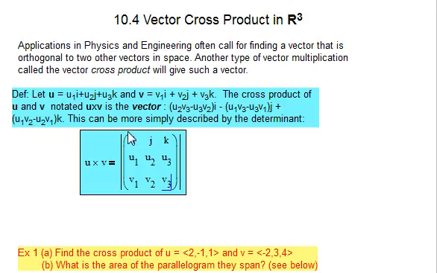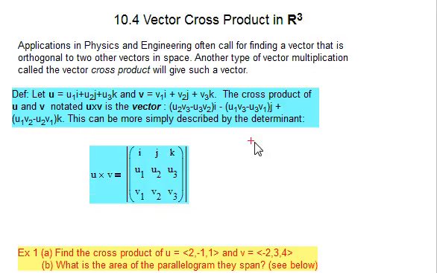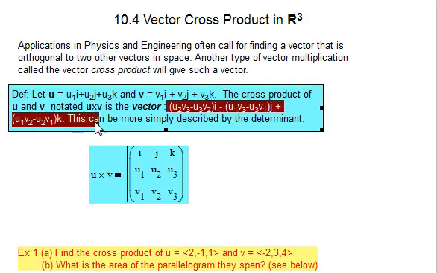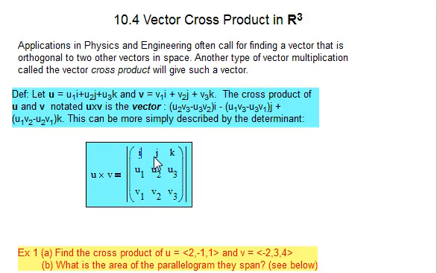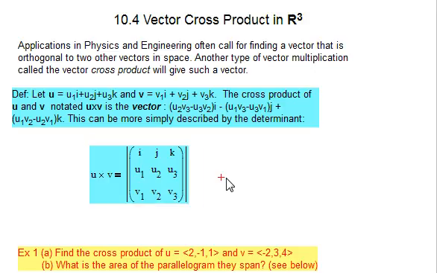And so that indeed is a much easier way than trying to think through all this. This is the easy way to find the cross product of a vector. Now technically, to be absolutely correct, a determinant with i, j, and k, no such animal. But this is a great memory device for remembering how to find u cross v.